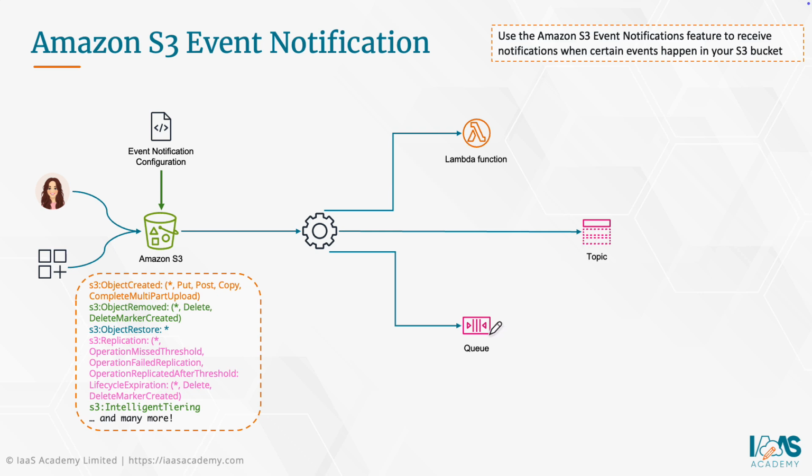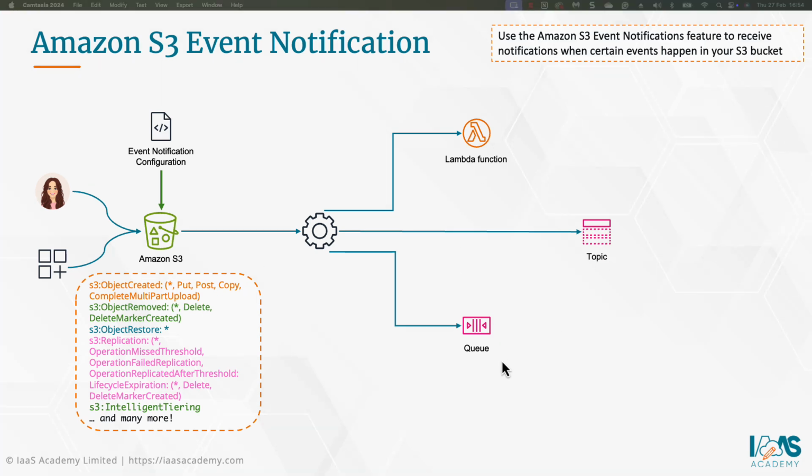You can send it to an SQS queue, which is a message queuing system that allows you to store messages in a queue that can then be retrieved and acted upon by other services when you're building a microservices architecture and a decoupled architectural solution. So you've got these three main destination points that you can send your notifications to.